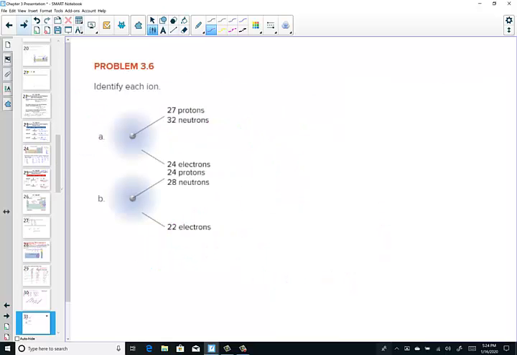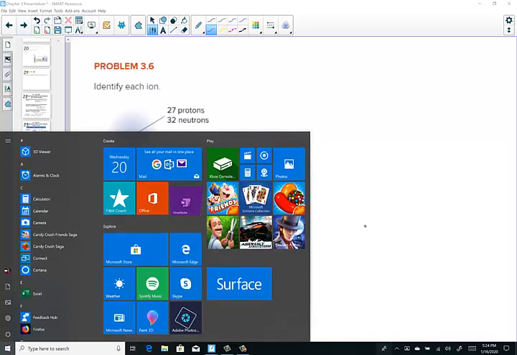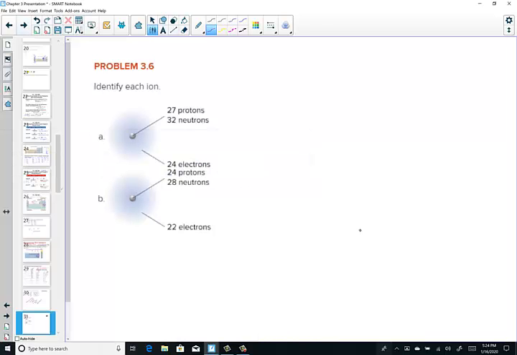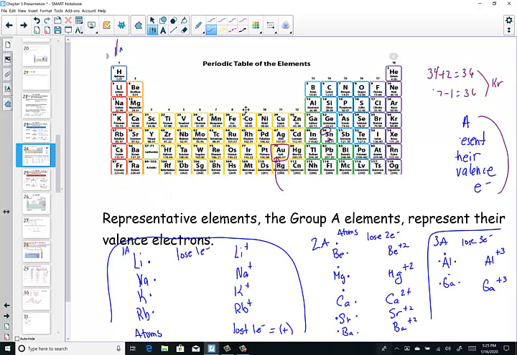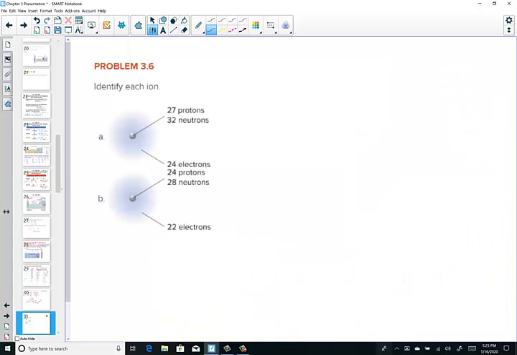Let's identify each ion. We have 27 protons in letter A. All right, 27. That looks like element cobalt, number 27. So I know that I have cobalt as my elemental symbol.